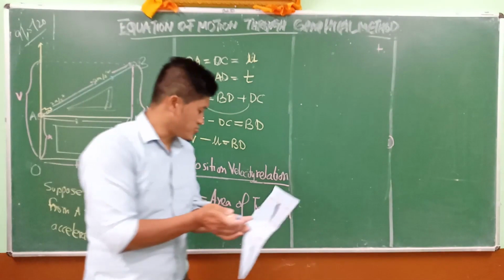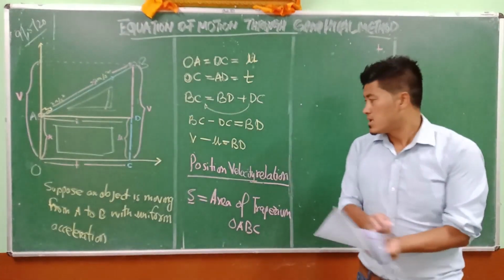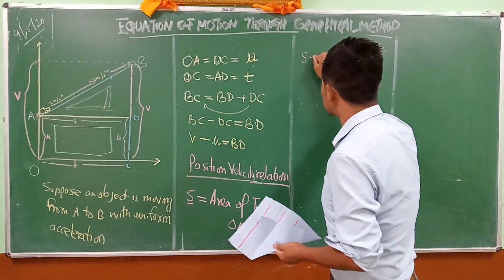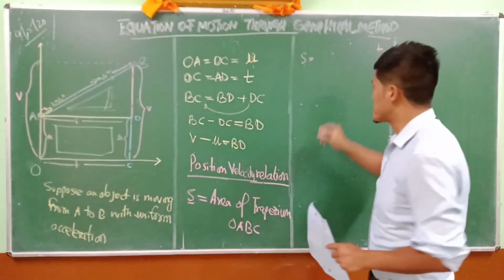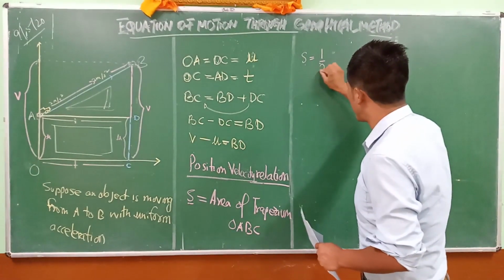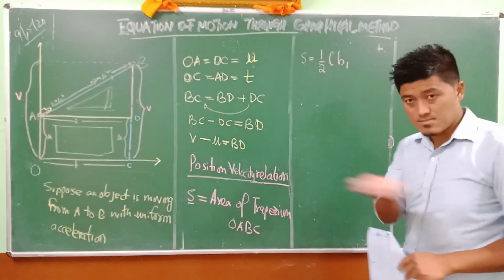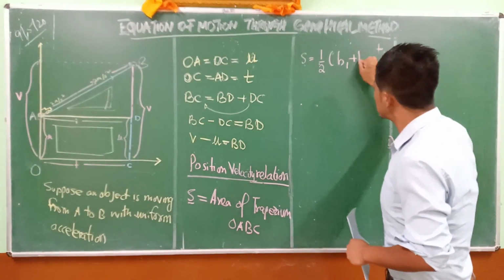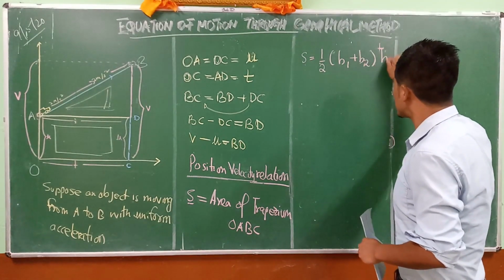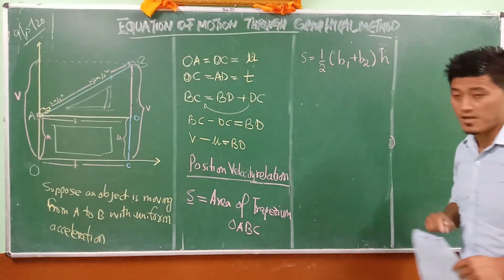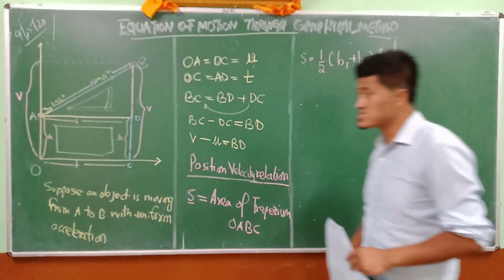So now what is the area of the trapezium? S is equal to half base 1 plus base 2 into height. Is that clear? Half base 1 plus base 2 into height.